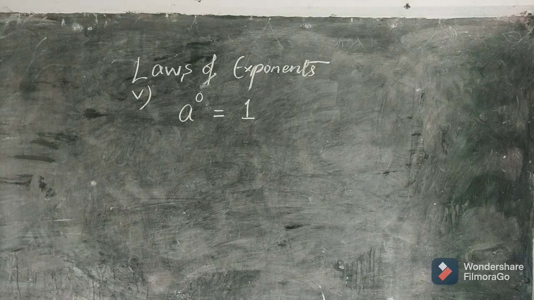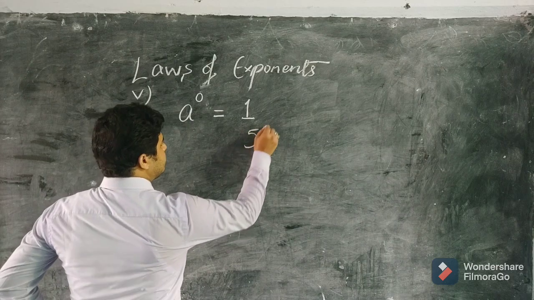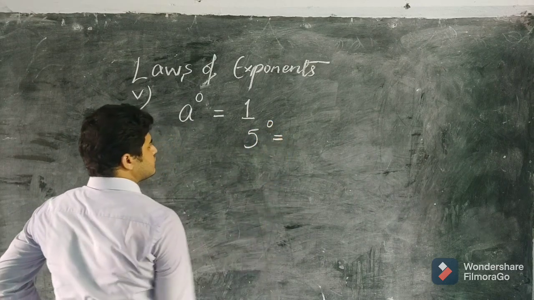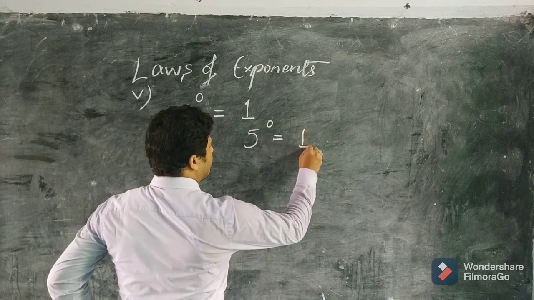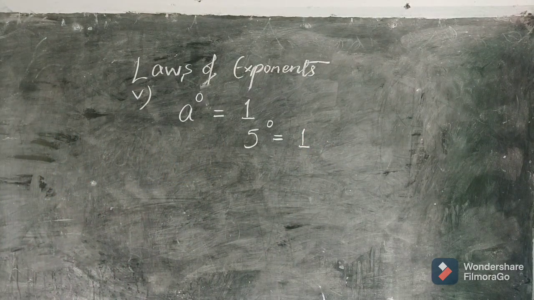Like for example, if you get to see 5 raised to the power 0, its value will be given as 1.